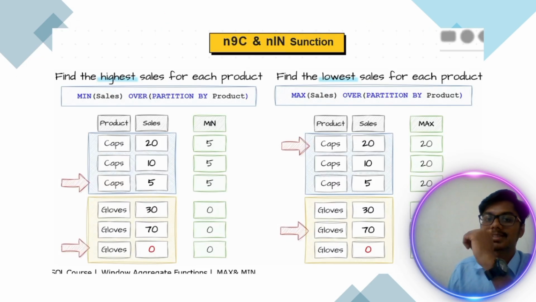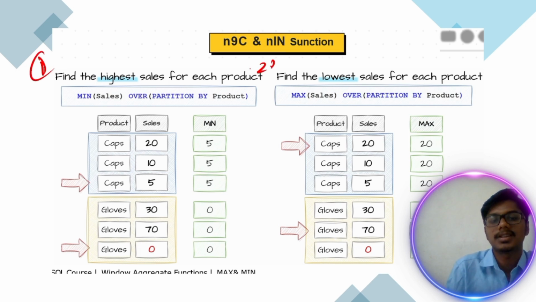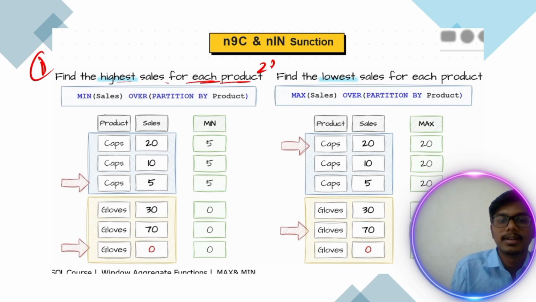Now let's see how it works on the screen. These are the tasks, the practical implementations. Find the lowest sales for each product. The query is MIN of sales OVER PARTITION BY product.